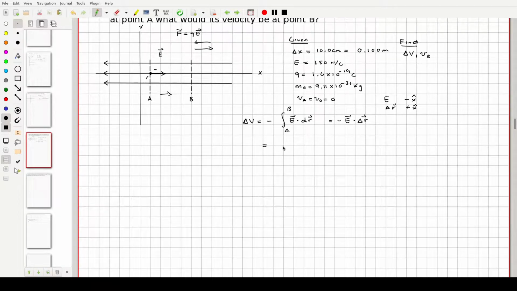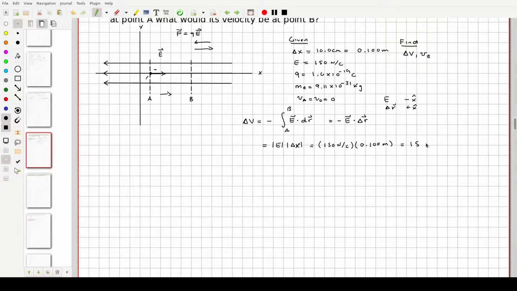This is just going to be the magnitude of E times the magnitude of delta R, or in this case, delta X. So that's 150 newtons per coulomb times 0.100 meters. Super easy to do.